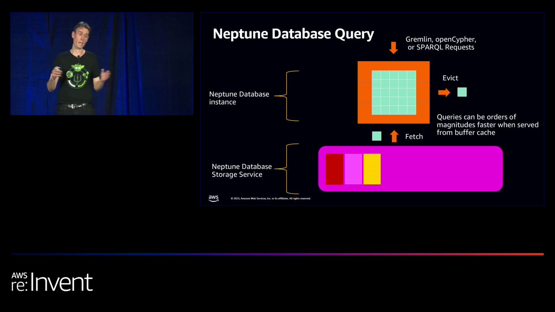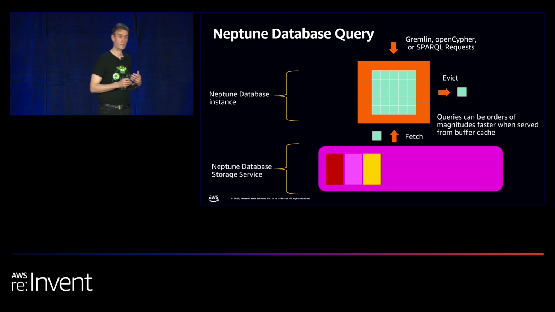We call it a buffer pool cache within the instance. So as you're issuing queries, if those queries are able to be answered within the pages that are in the buffer pool cache, you'll see very, very low latency and high throughput. If you start to execute queries where you're needing to retrieve information from the storage service, then you're going to start to see your latency increase.